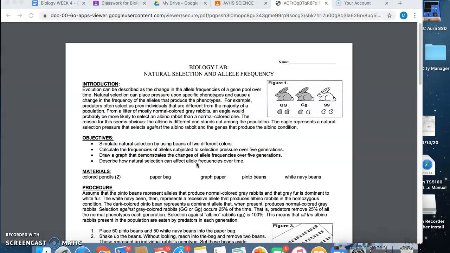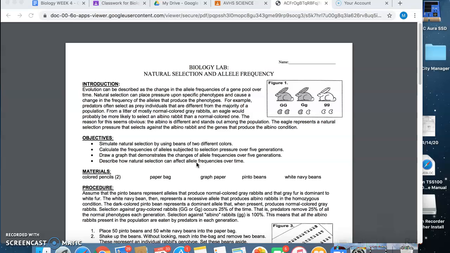So evolution can be described as the change in allele frequencies of a gene pool over time. Natural selection can place pressure upon specific phenotypes and cause a change in the frequency of alleles that produce those phenotypes. For example, predators often select as prey individuals that are different from the majority of the population.